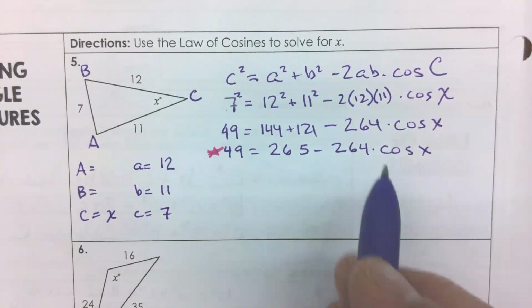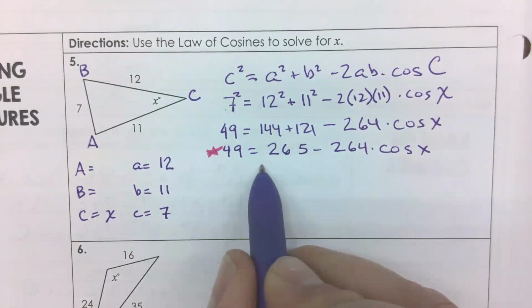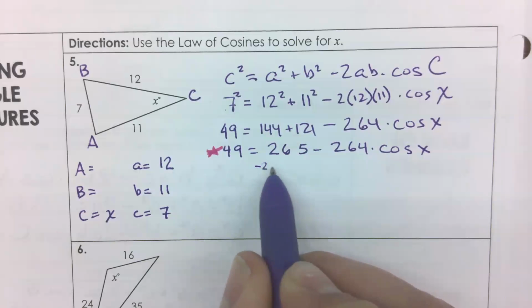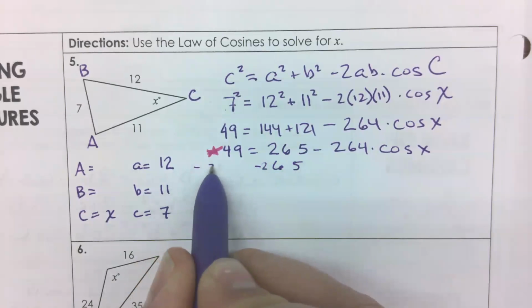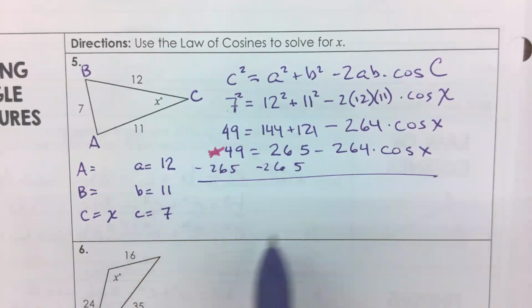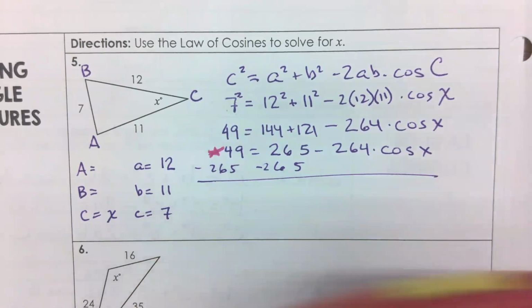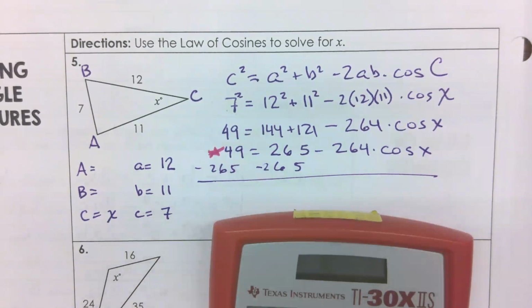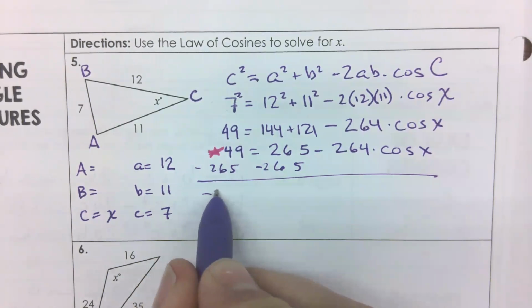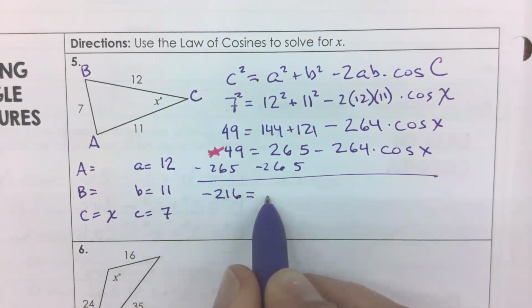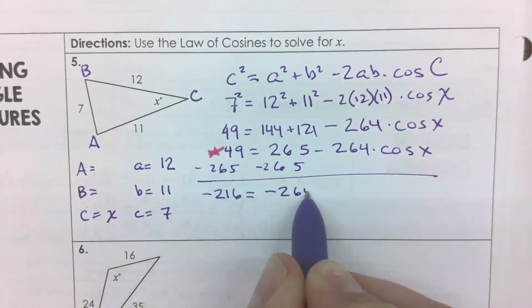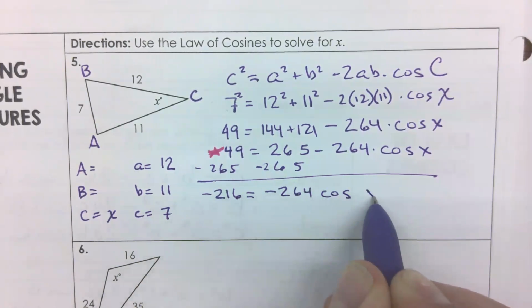They're different. So we've got to cleave this part off first. It's being added, so let's subtract it. Minus 265 on both sides. It gets 216. So negative 216 equals negative 264 cosine of x.